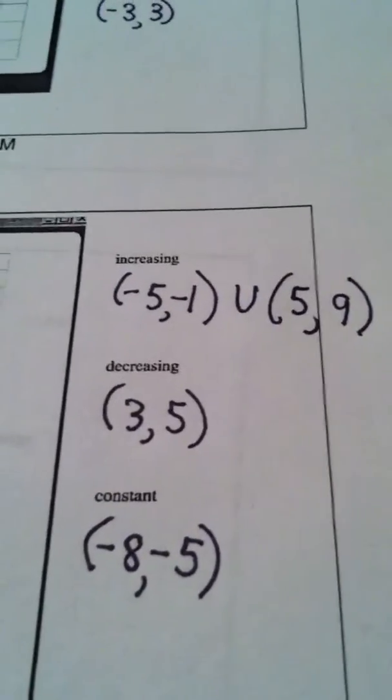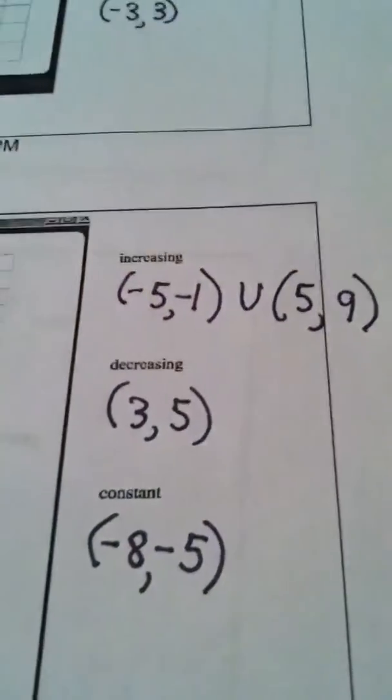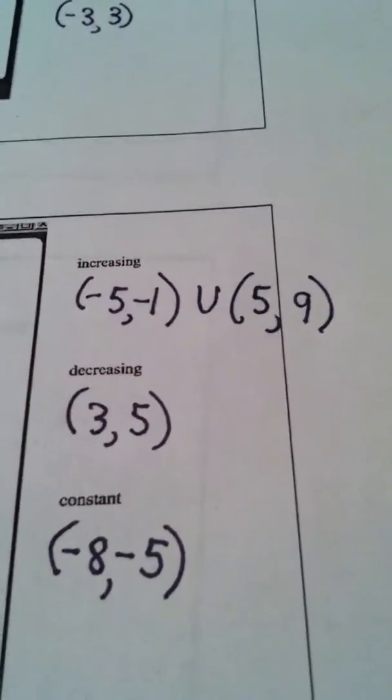So follow their directions, but in general, when there's more than one interval over which it's doing a particular thing, you technically should put a union. Okay, and we're done with that introduction to section 2.1. Increasing and decreasing, always x and no bracket.